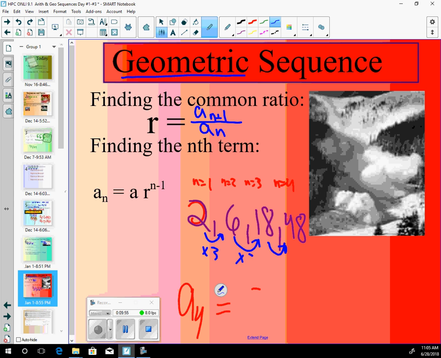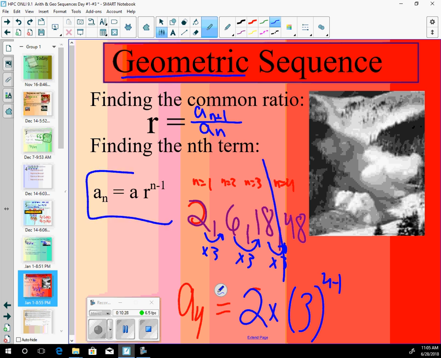So you're going to get 2 times, now the ratio that we're going to do is 3, and we're doing a total of 4 minus 1. And then if we were looking at the first 3 terms, we'd go 2 times 3, because that's the common multiple, to the 3 minus 1. And you would get those.